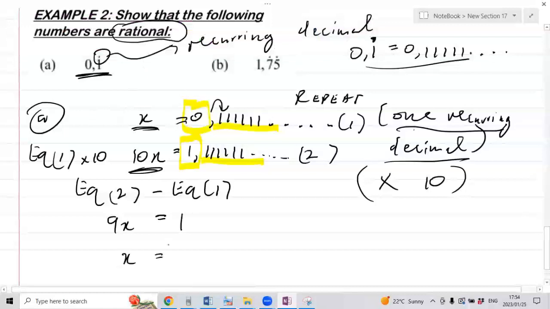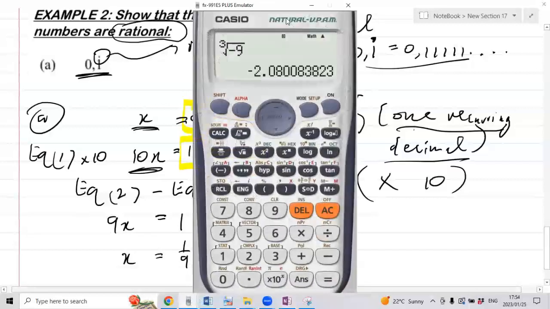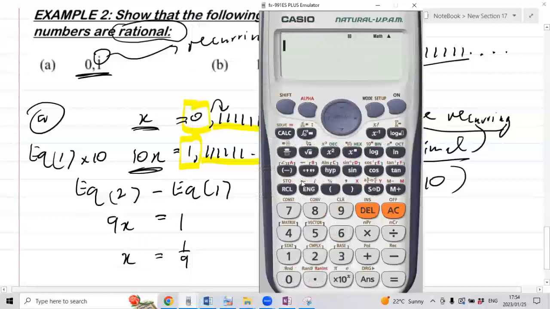Now, if you solve for x, you'll get x equals 1 over 9. The answer is 1 over 9, and we can check that using a calculator. We can put 1 over 9 there, convert it to its decimal, and you'll see you get a recurring decimal of 1 there.